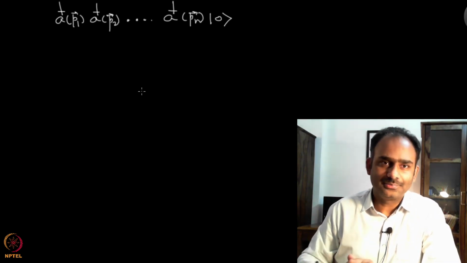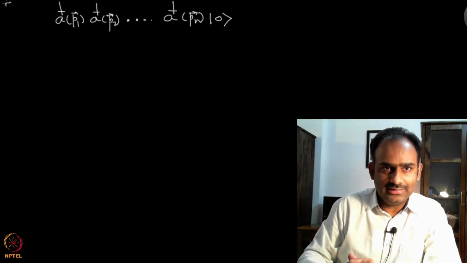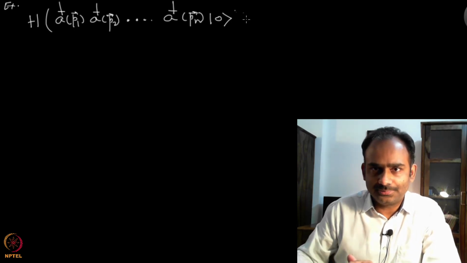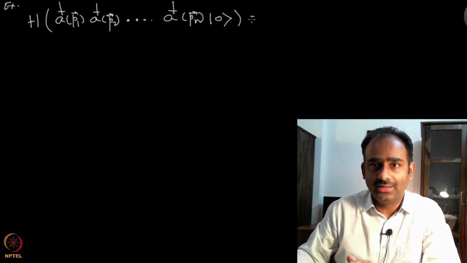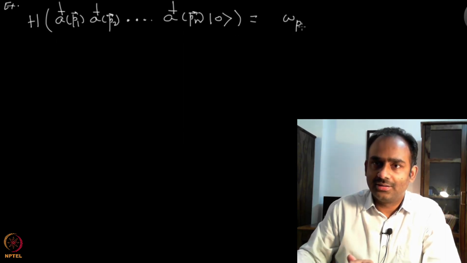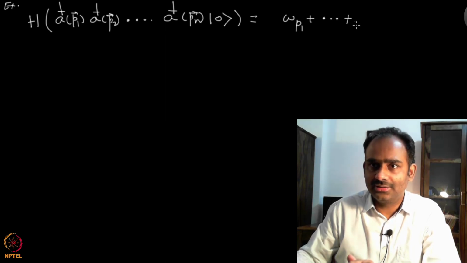Then what do I get? So, it is an exercise. Please check that this state is the eigenstate of the Hamiltonian, and the eigenvalue is this, which I am sure you have already guessed.